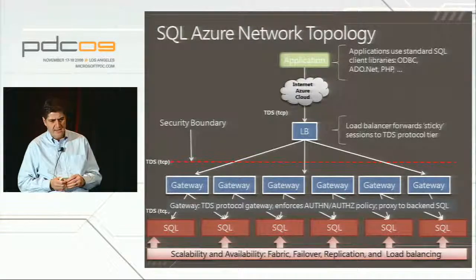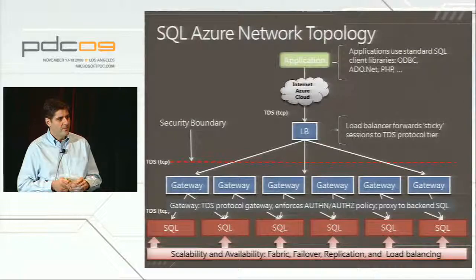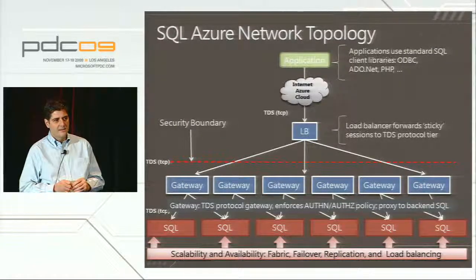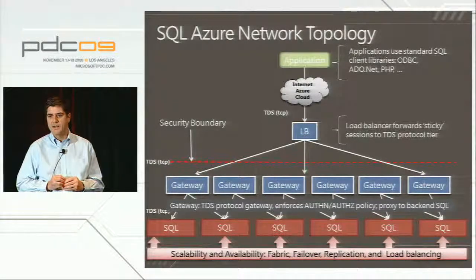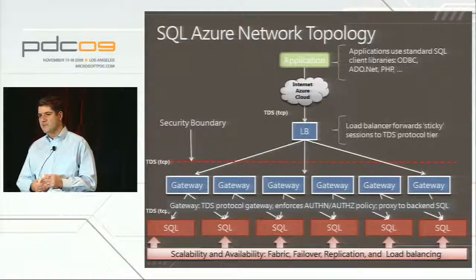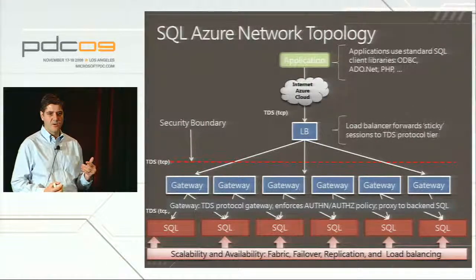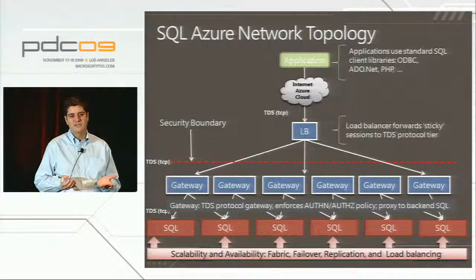And you can see that we have the scalability and availability fabric. The fabric is basically responsible for keeping track of all the application pieces that are running and their health. Above and beyond keeping track of machines, what machine is up, what machine is down, we also keep track of the entire stack.